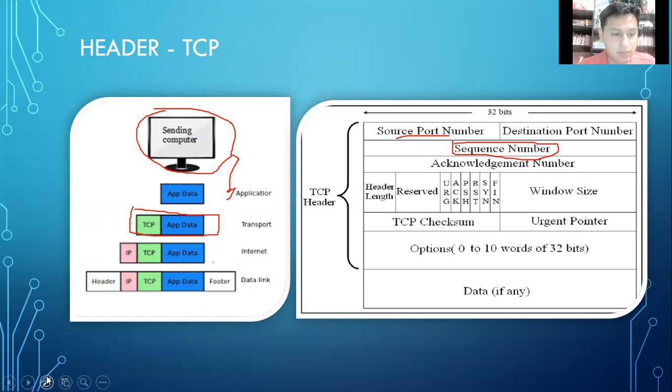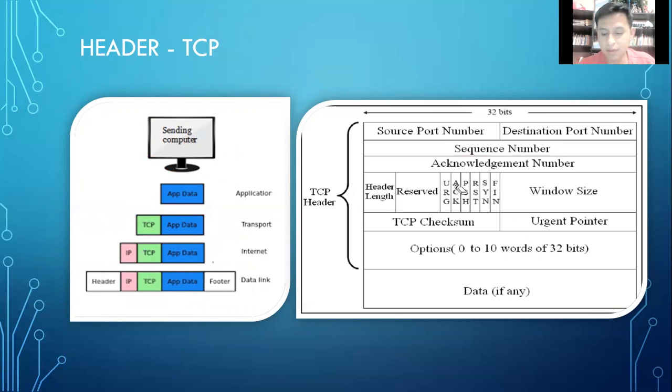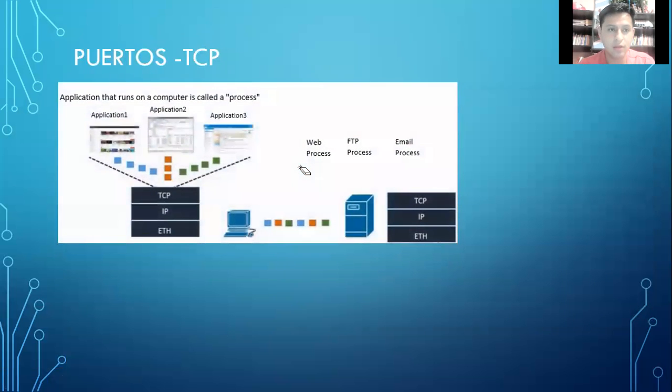Now, TCP ports. For example, the application that runs on a computer is called a process. We have three processes: application 1, application 2, application 3 running at the same time.